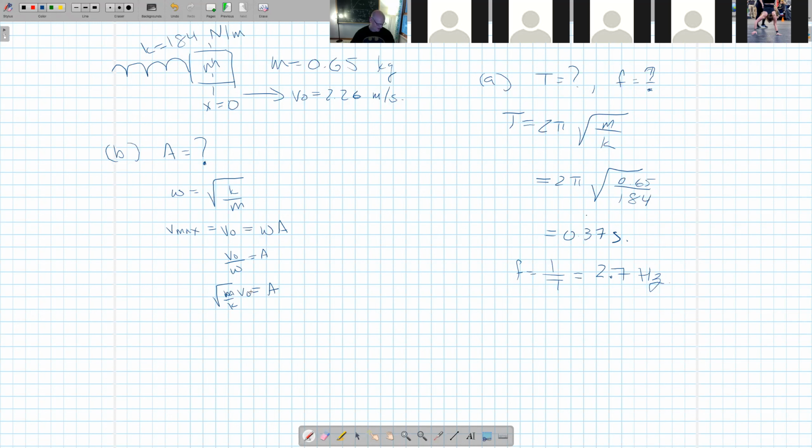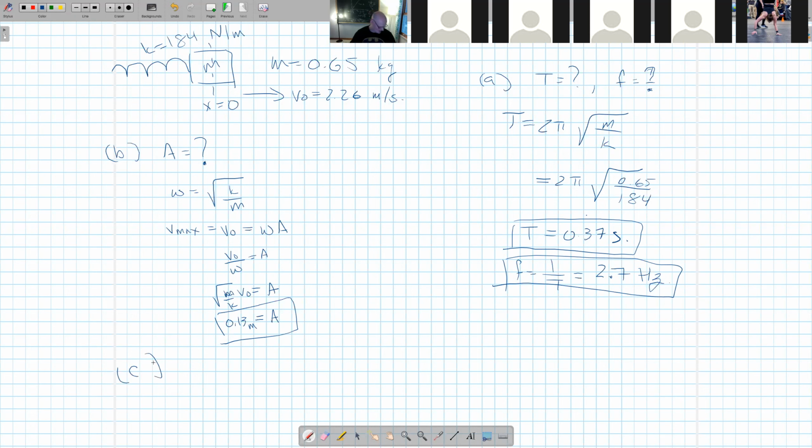Plugging in our values, that works out to be about 0.13 meters. So this system has an amplitude of 0.13 meters. Very good.